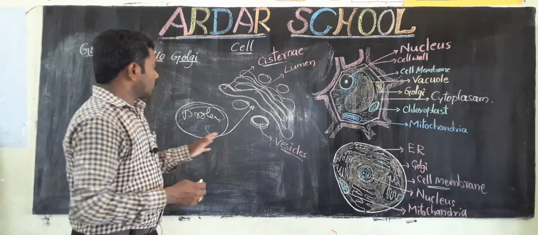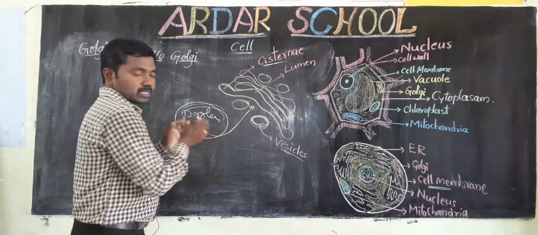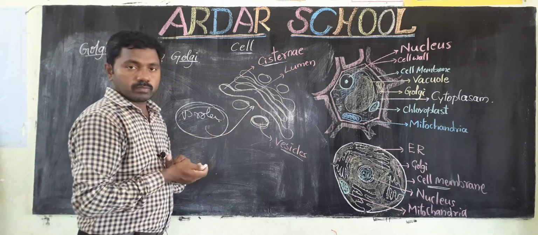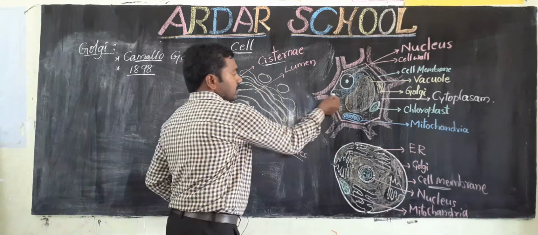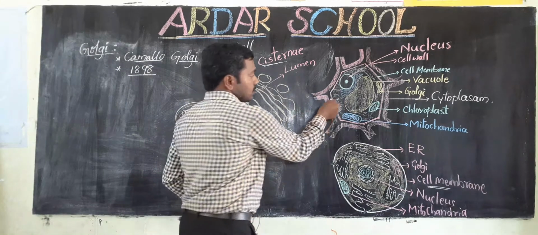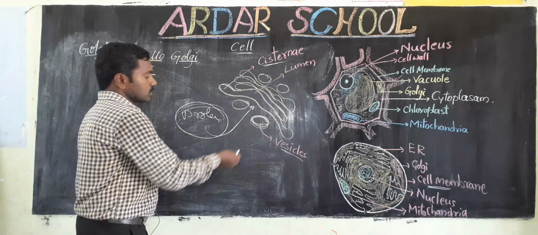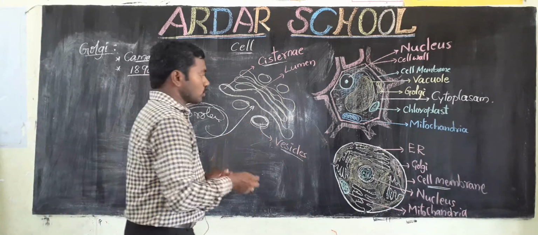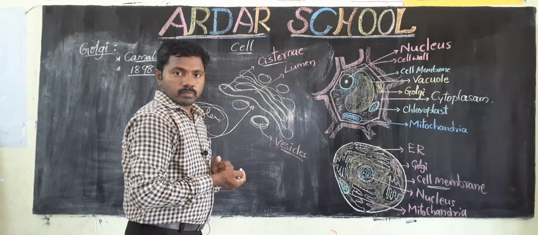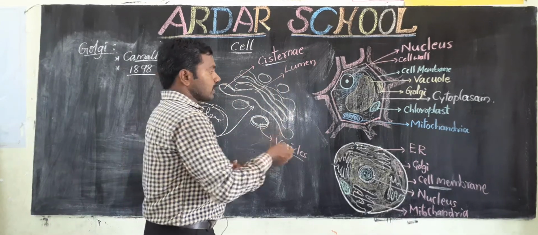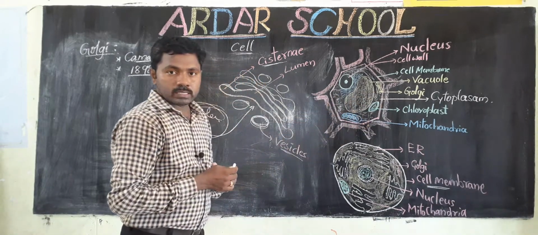Okay children, what is another function of the Golgi bodies? The substances that are stored are sent near the cell membrane or to cell organelles. Sometimes these substances are very helpful for the repair of the cell membrane or cell walls, and sometimes for the development of cell organelles.